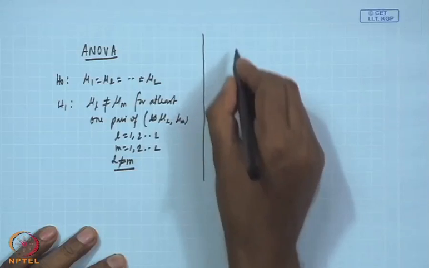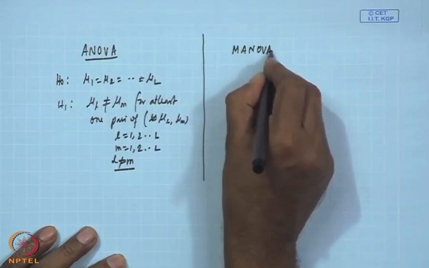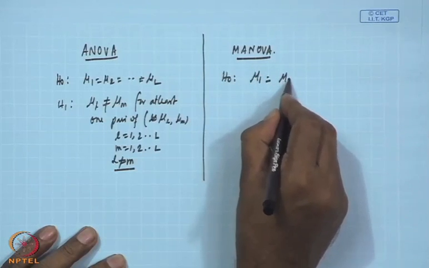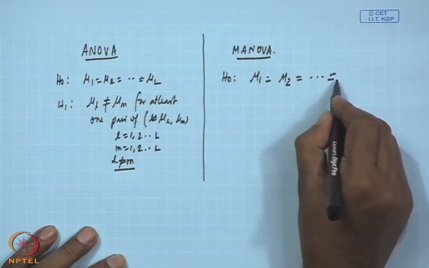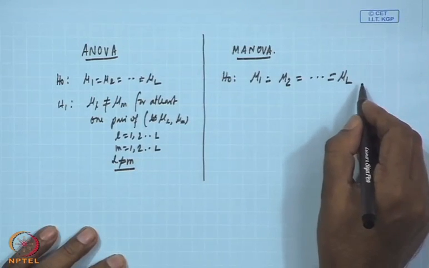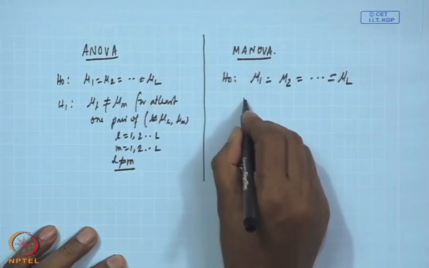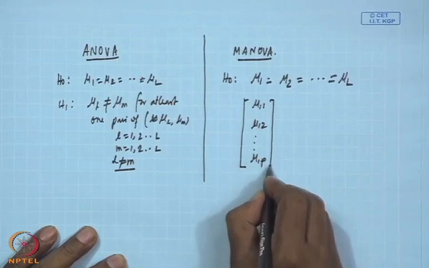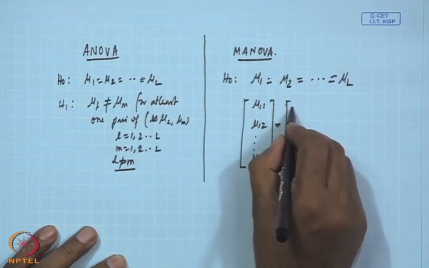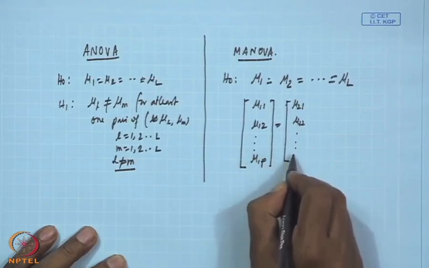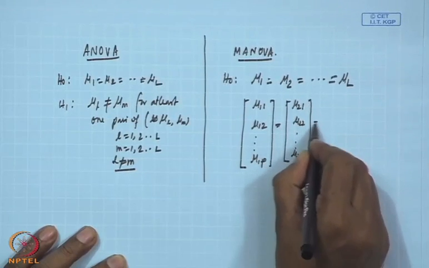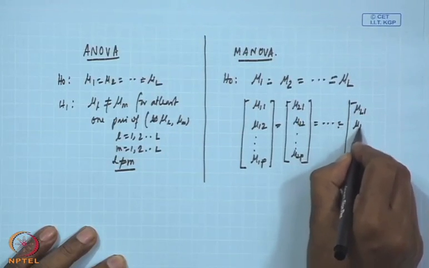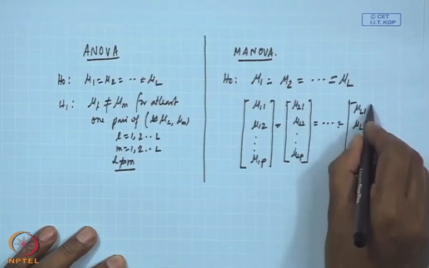And in MANOVA the hypothesis is the same: H0 mu 1 equal to mu 2 equal to mu L. Please keep in mind, by saying this we are saying mu 1 1, mu 1 2, like this mu 1 p equal to mu 2 1, mu 2 2, mu 2 p, equal to finally mu capital L 1, capital L 2, capital L p.